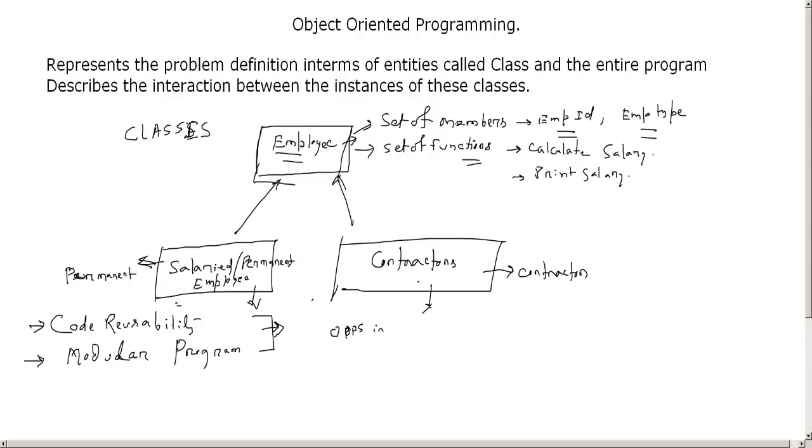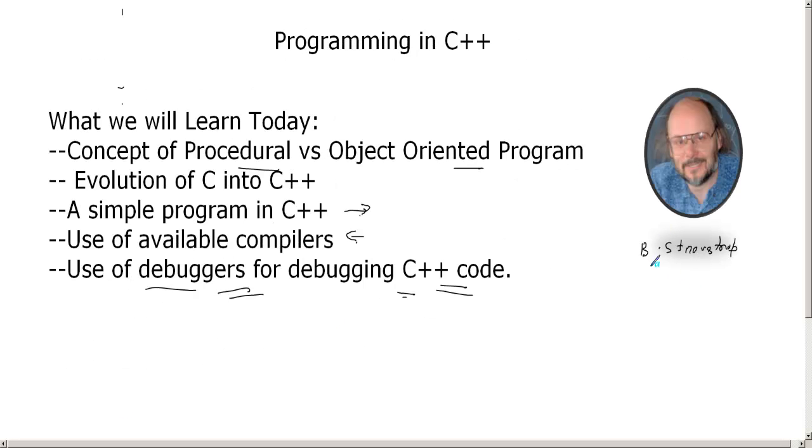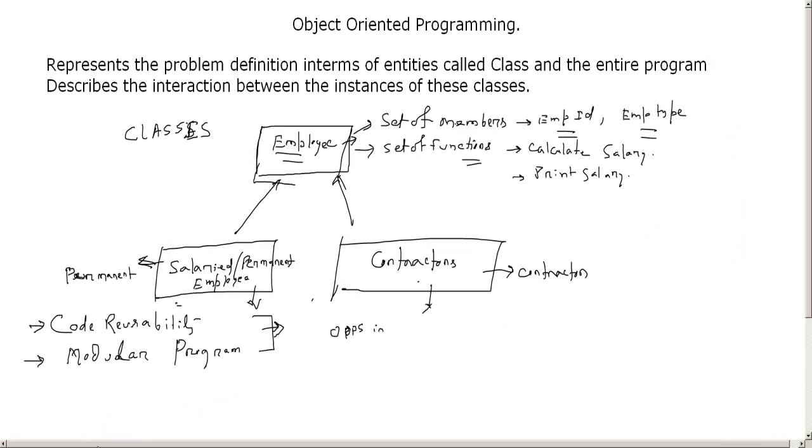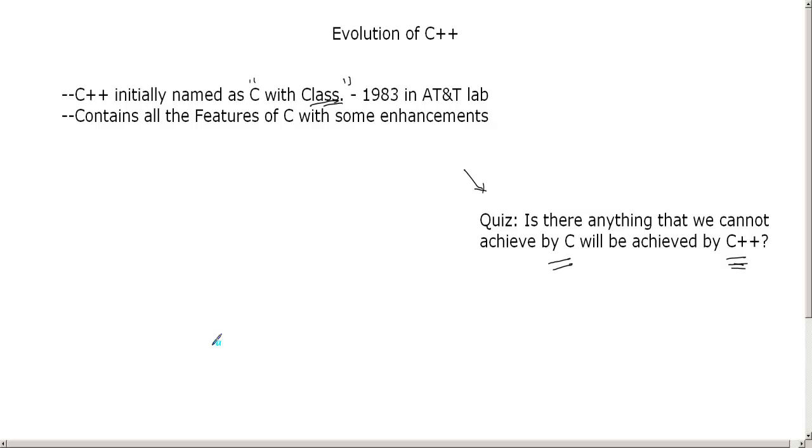So this person, known as B. Stroustrup, who was working for Bell Labs, which got renamed to AT&T Labs, developed a language in 1983.